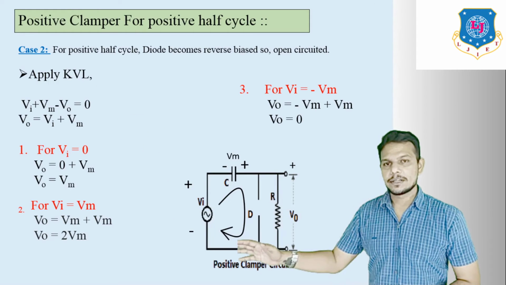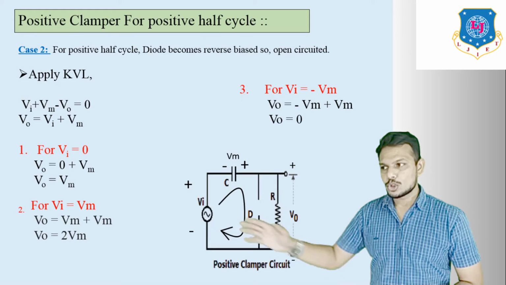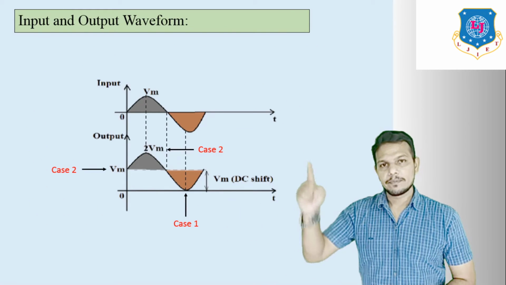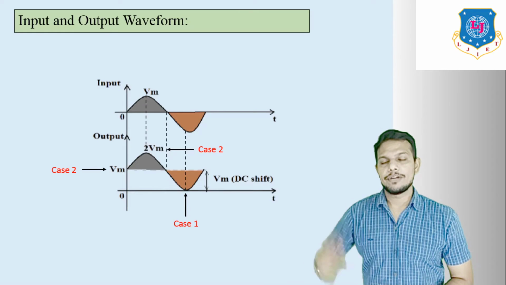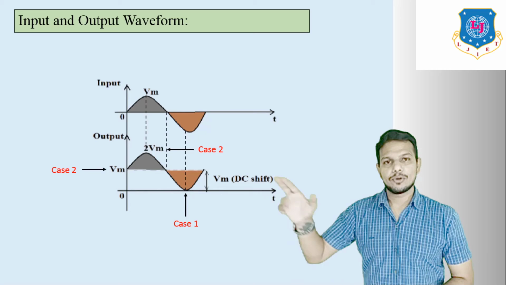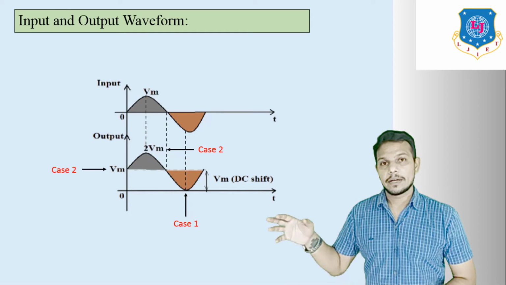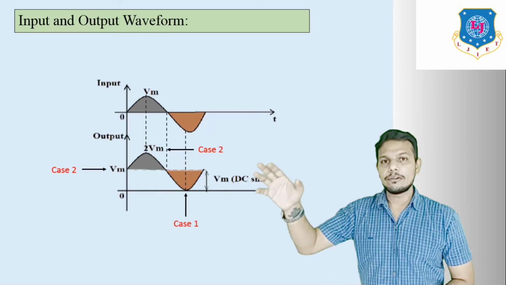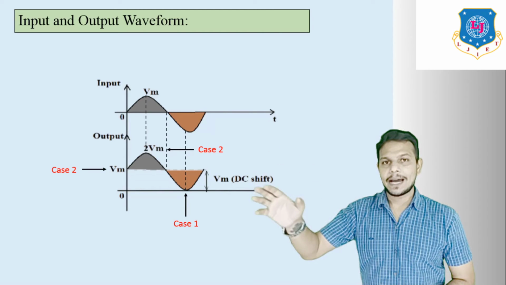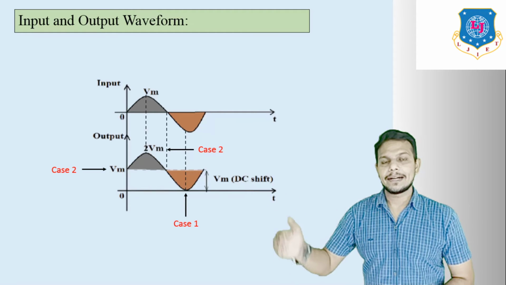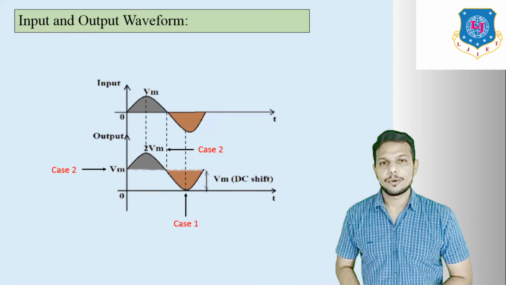So here in this case, we have seen Vo is equal to twice Vm because here you enter input voltage Vi is equal to Vm, right? So here twice Vm, your case number 2. Now in the last case, if a negative input is applied to your circuit diagram, at this time you will get your output equal to 0.